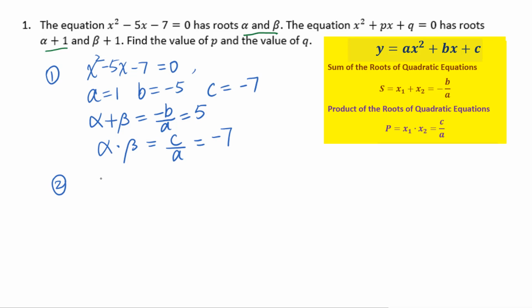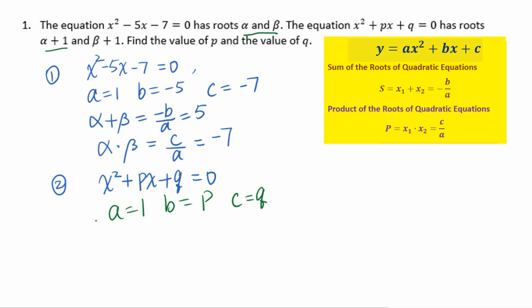For the second equation, x squared plus px plus q equals 0, we know a equals 1, b equals p, c equals q.